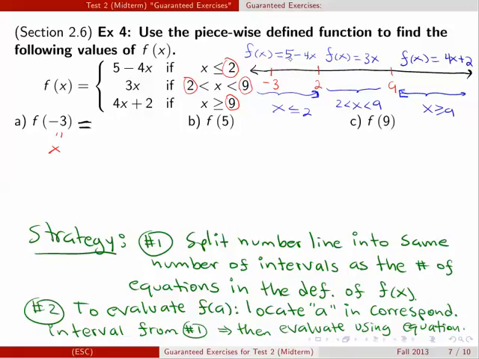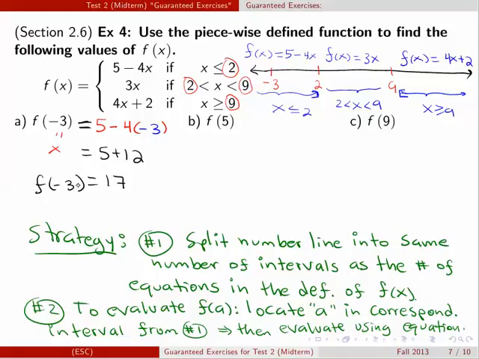So we plug in -3. Using the first formula, we simplify and we find that f of -3 is 17. So it's all about finding where to plug in the x value.